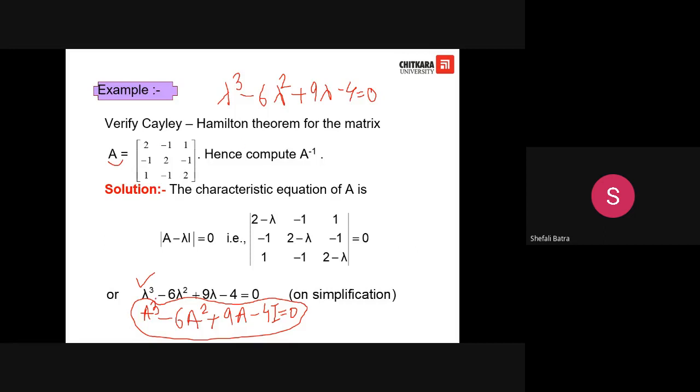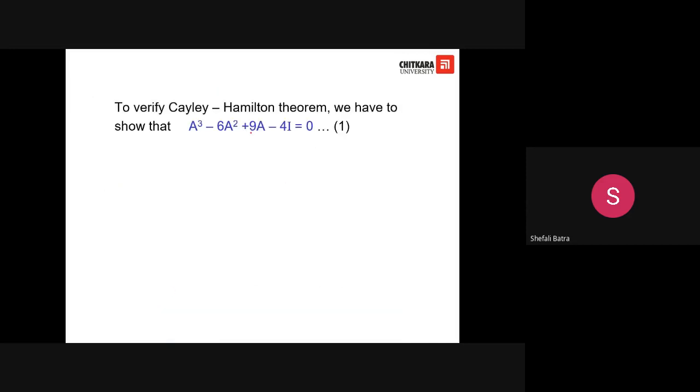Now you need to verify it. For verification, you will take the left hand side and simplify it, and if it is equal to 0, it means Cayley-Hamilton theorem is verified, otherwise not. First you will find A cube. First of all, write matrix A and then find A square, A into A: [2, -1, 1; -1, 2, -1; 1, -1, 2] multiplied by [2, -1, 1; -1, 2, -1; 1, -1, 2].